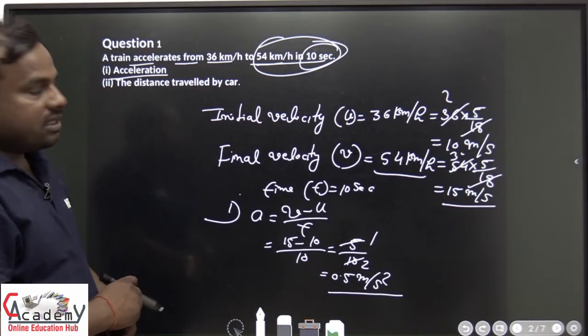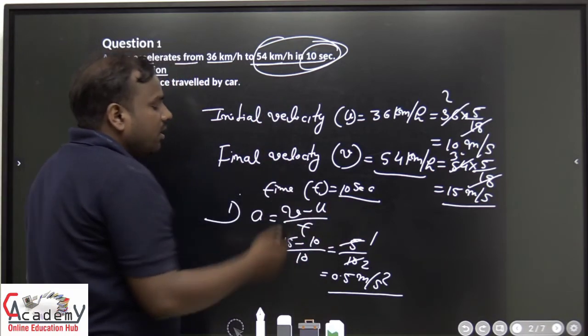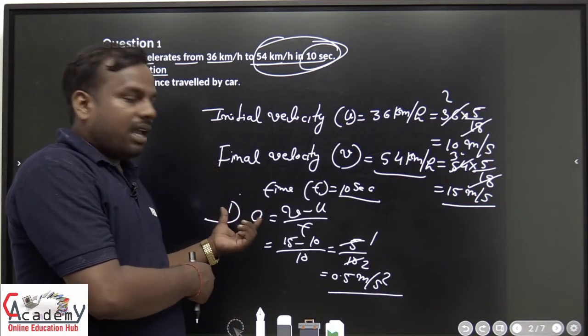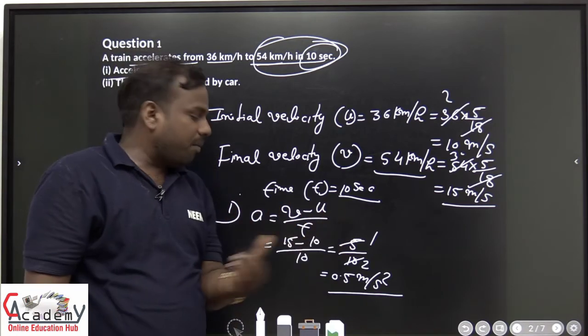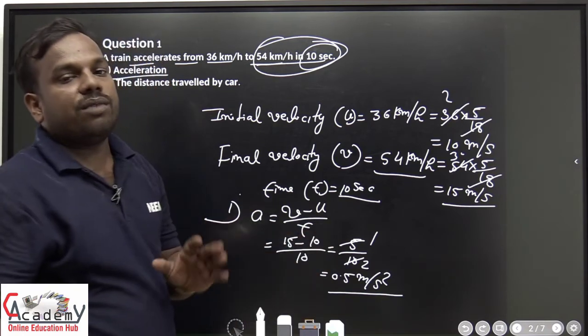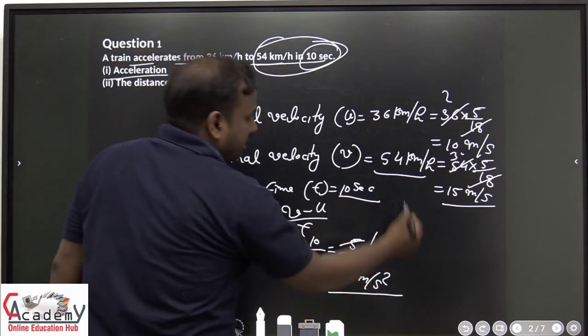The change in velocity is in 10 seconds, so time is 10 second. Then we take the formula from the definition of acceleration: acceleration is equal to v minus u upon t. 15 minus 10 upon 10, 5 by 10 means 0.5 meter per second square. That is the acceleration.